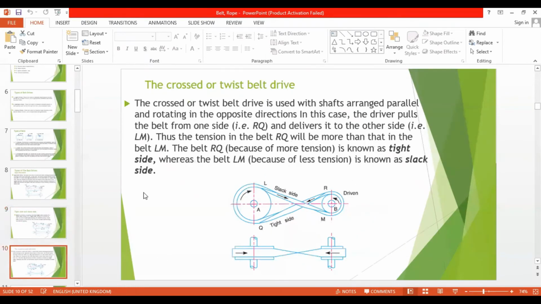Then we have the cross belt drive. We can also say cross belt or twist belt. The cross or twist belt drive is used with shafts arranged parallel and rotating in opposite directions.